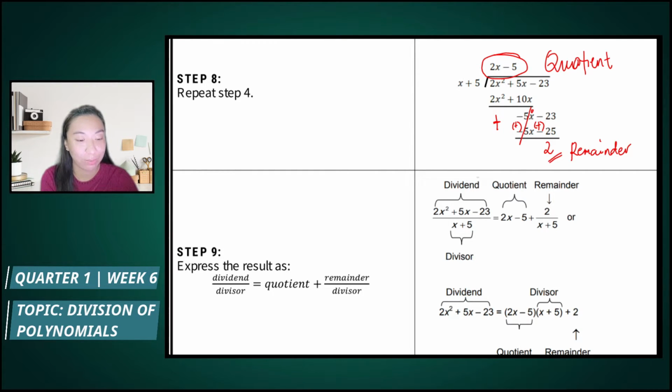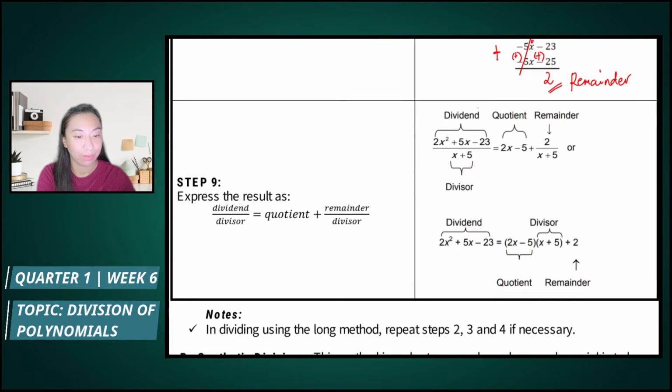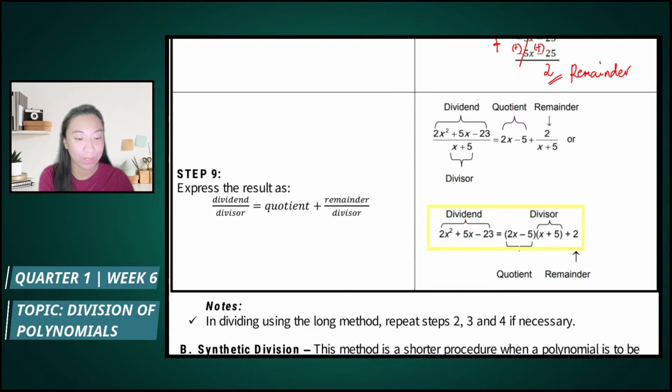Or it can also be written as 2x squared plus 5x minus 23 equals the quantity of 2x minus 5 times the quantity of x plus 5, plus 2. So that is now our final answer. These two.